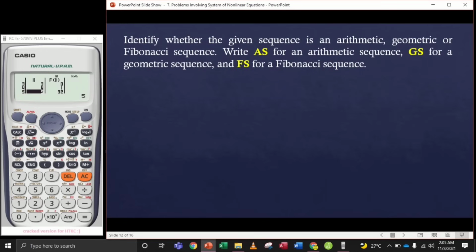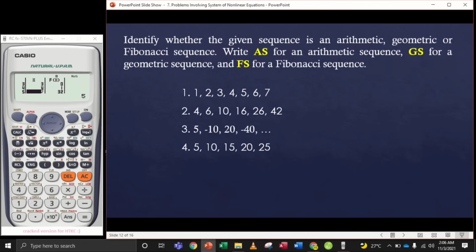Okay, para mas maintindihan nyo, I'll give you 5 activity exercises. Then alamin natin kung arithmetic sequence, so write AS, pwede nyong sabayan ako sa pagsagot, GS kapag geometric sequence, and FS kapag Fibonacci sequence. So ito yung 5.